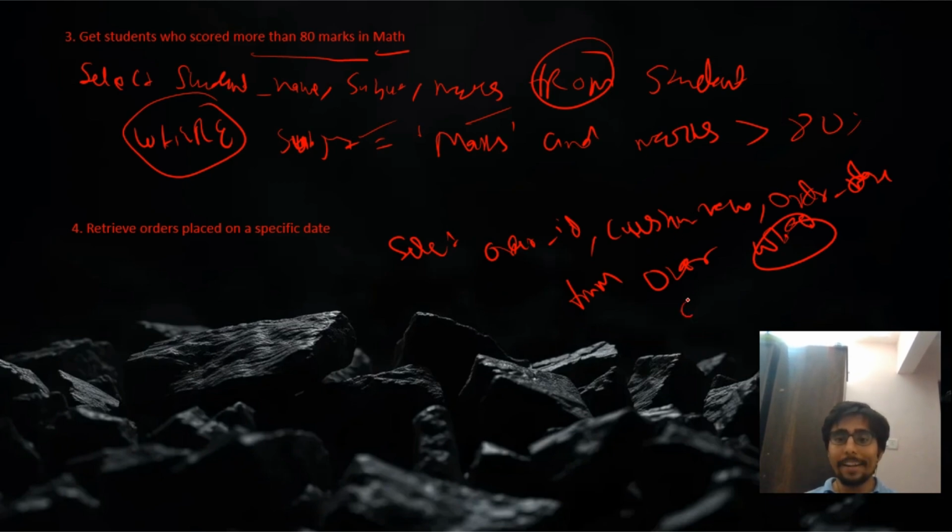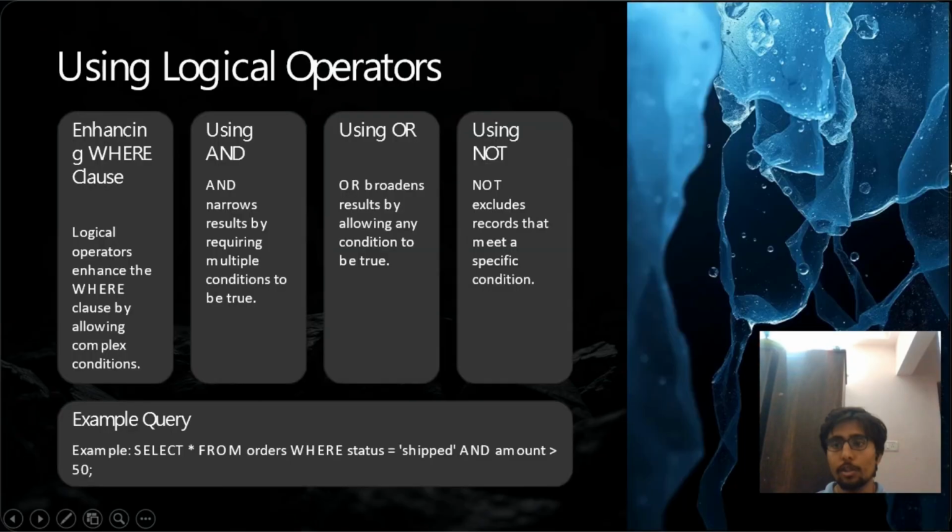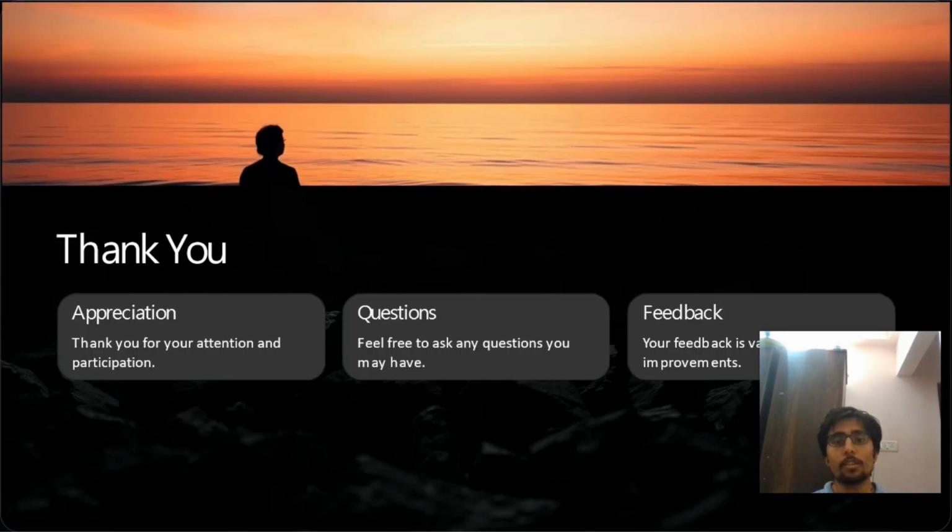We have some order date column in our database, and the format is, for example, a YYYY format in the database. So we can give it as 2025, and today's date we can take as 3rd of April, so 0403. So this is how it works.